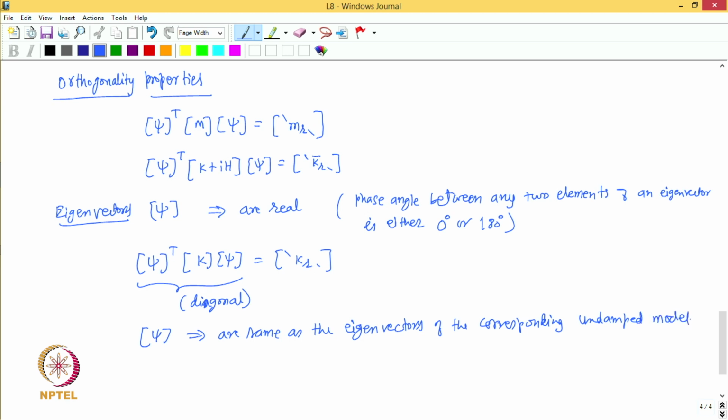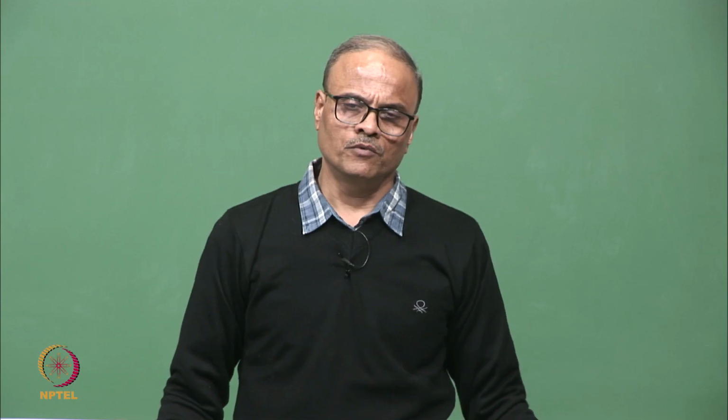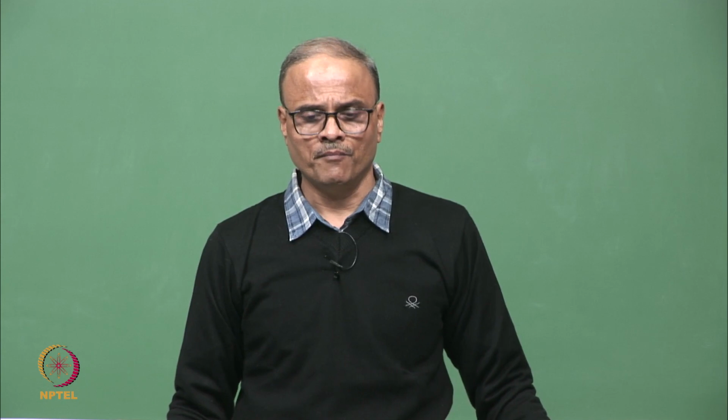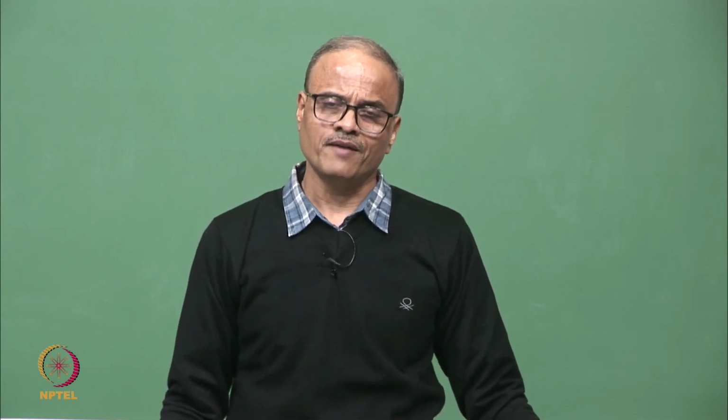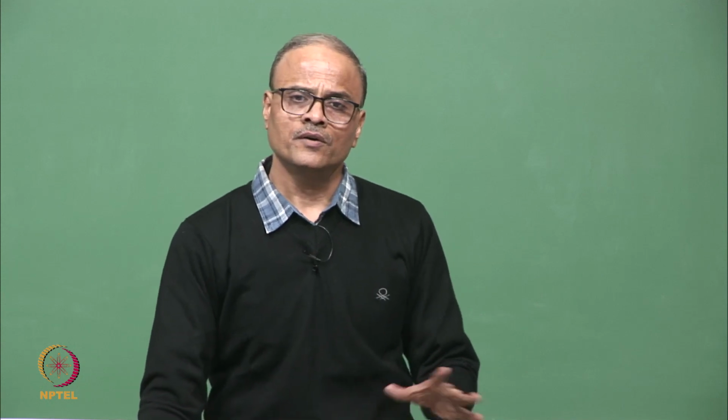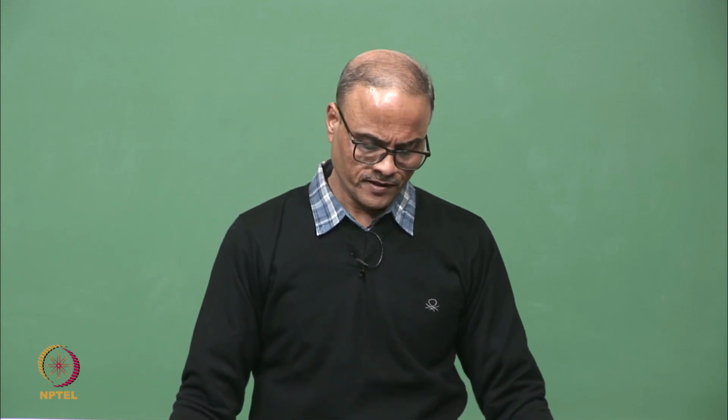And how do you obtain the corresponding undamped model? Just simply ignore the damping matrix. The model that is left is nothing but the corresponding undamped model. So, if you solve that model, the eigenvectors found would be the same as the ones we just found using the mass matrix and the complex stiffness matrix.